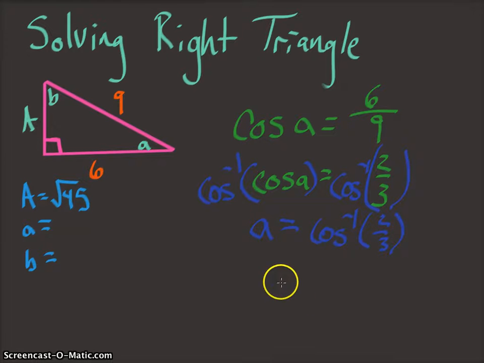We're going to have to use a calculator to find this, and we'll find that A is just about 48.190. So back over here on A, we write A equals 48.190. That's that angle measure.